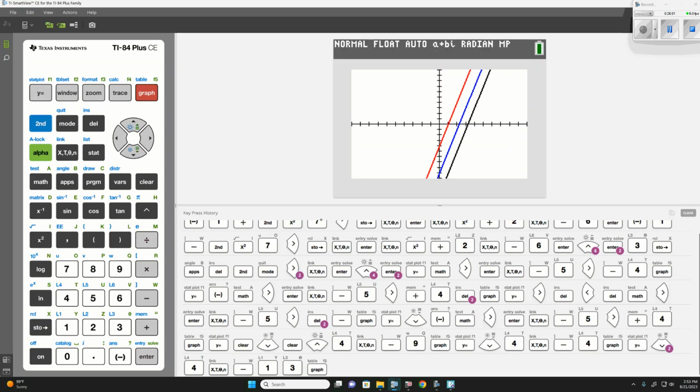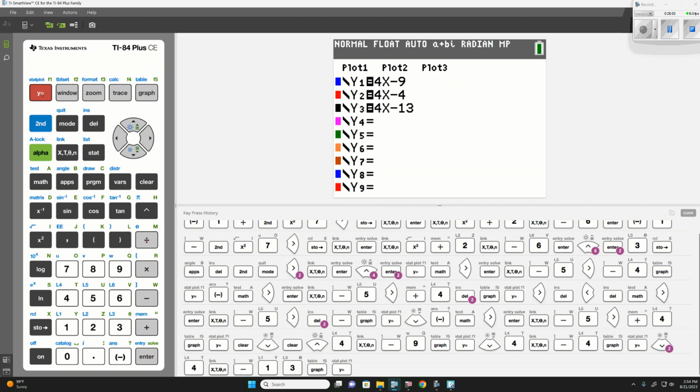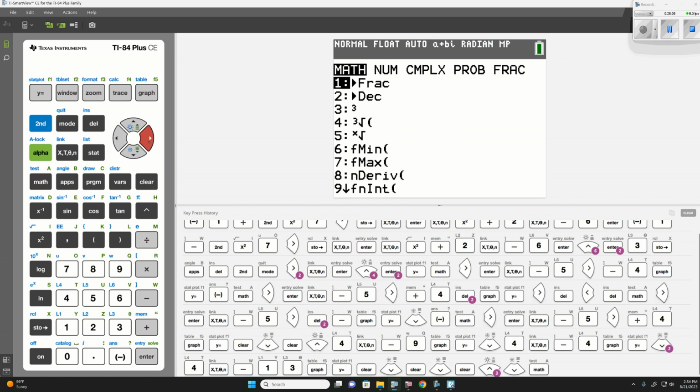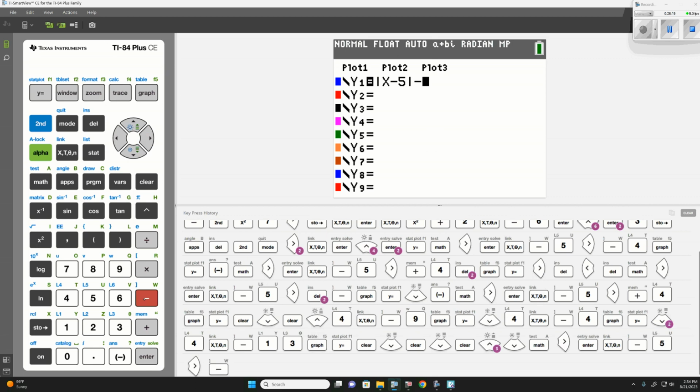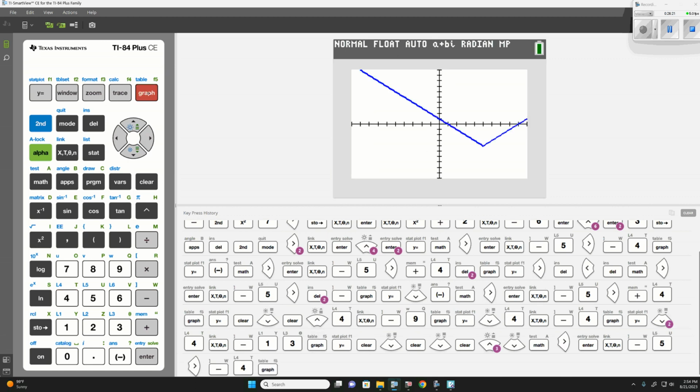Now, we didn't do this on the rest of them, but let's graph it. Absolute value of x minus 5, minus 4. So this is our original absolute value function. This is what we started with. Now we wanted to reflect it across the x-axis.